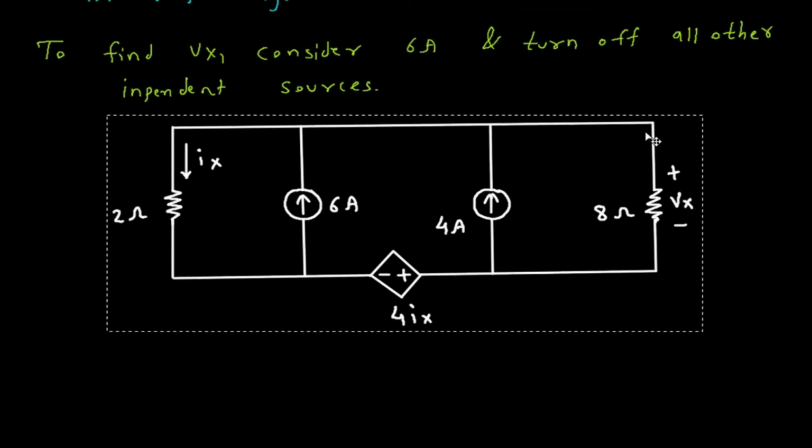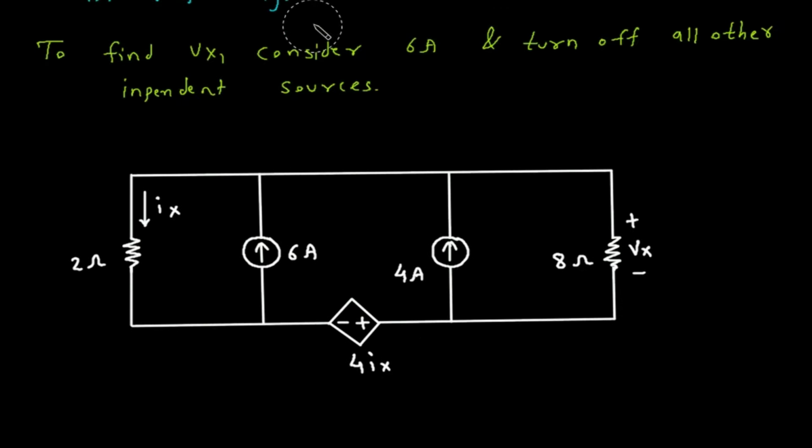Now here we can see that this 4 ampere is the independent source. When we turn off this 4 ampere current source, this will be open circuited. This will be Vx1.